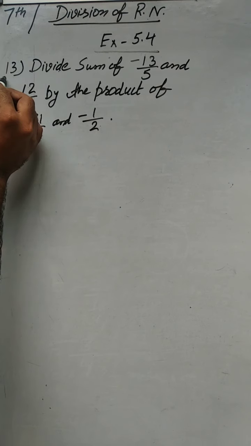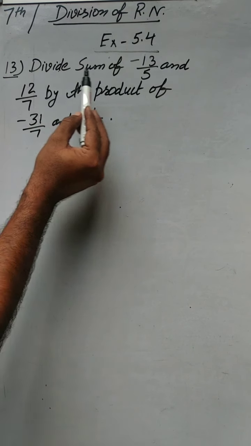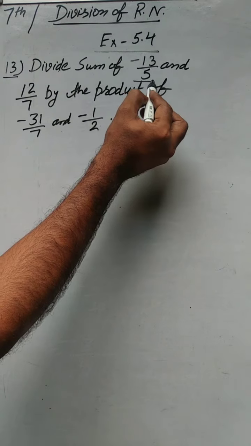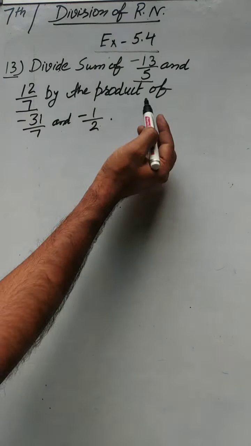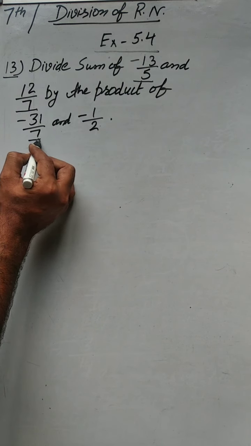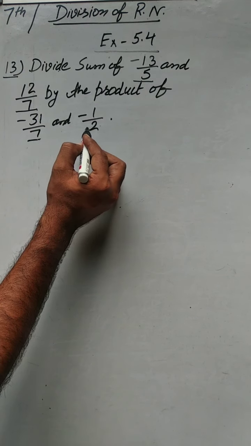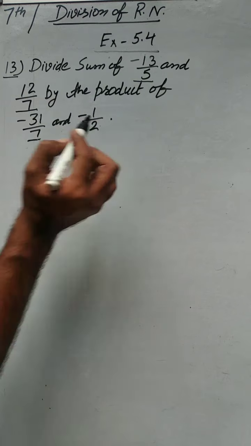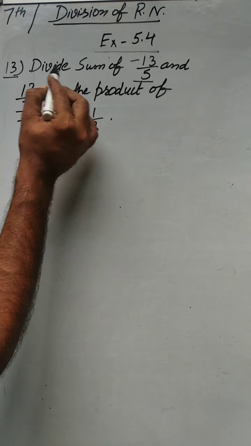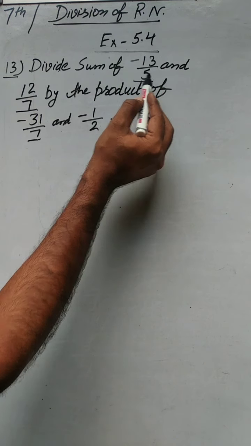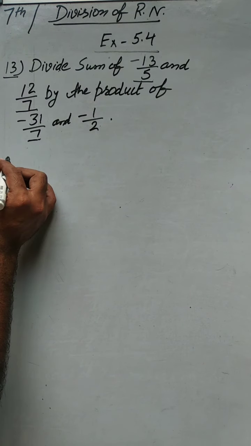Beta, question 13th. Divide the sum of minus 13 upon 5 and 12 upon 7 by the product of minus 31 upon 7 and minus 1 upon 2. Means first of all we have to find the sum of minus 13 upon 5 and 12 upon 7.